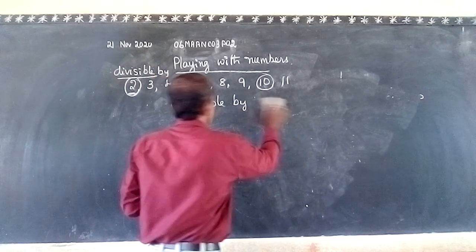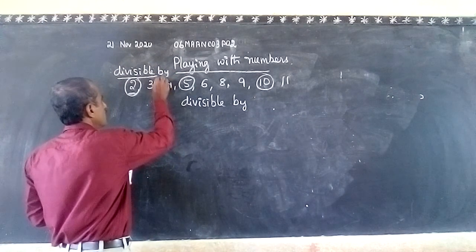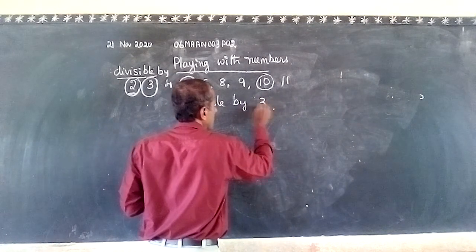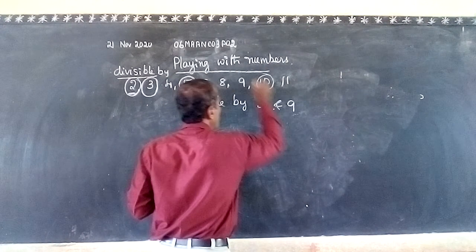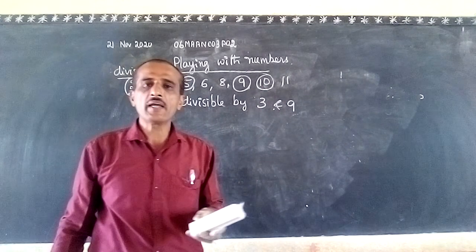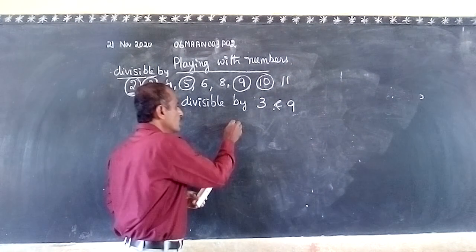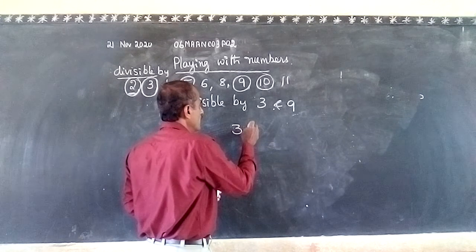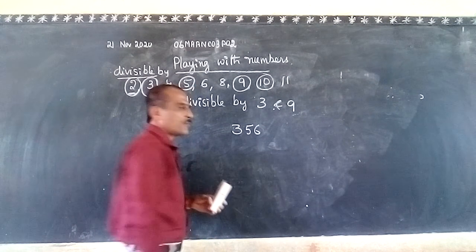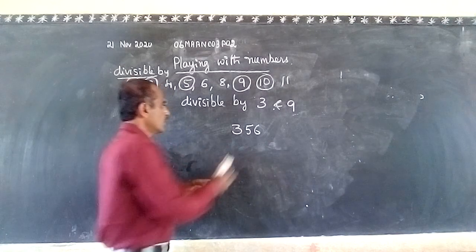Okay. Next, how to check whether a number is divisible by 3 and 9. Very easy. Suppose a number is like 356.